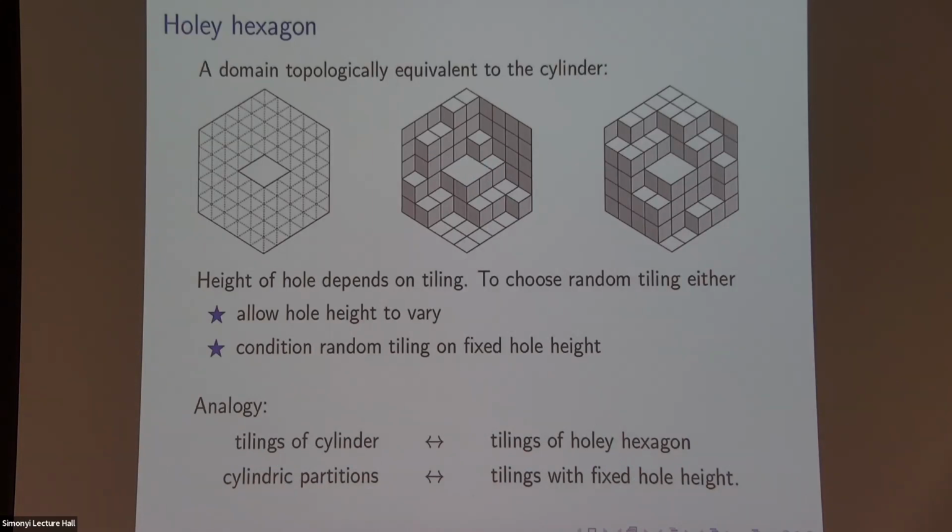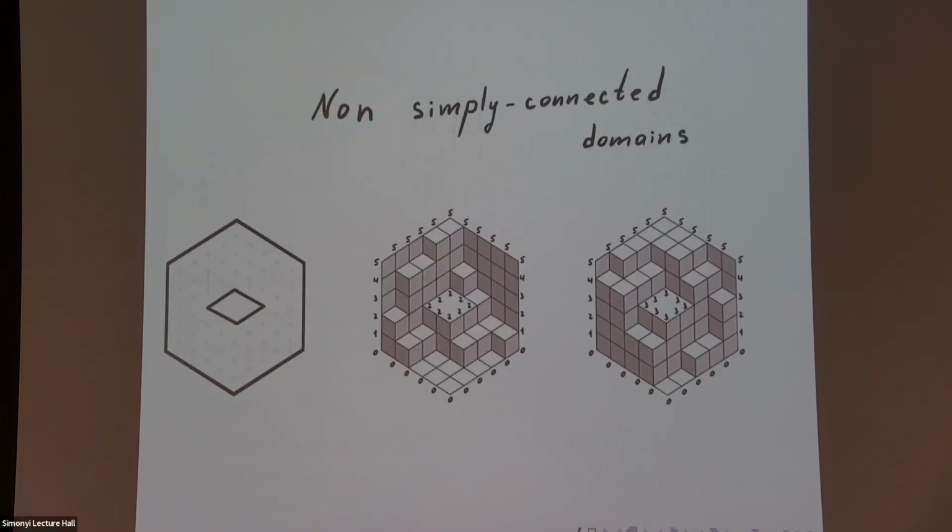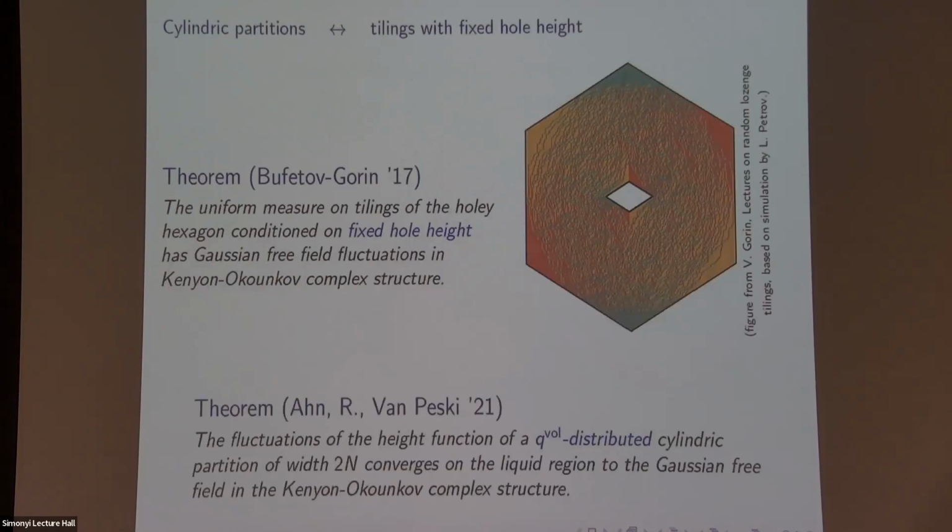Okay. And here is the result, which I already mentioned before, a known result by Bufetov and Gorin. They showed that if you consider the uniform measure on tilings of the hexagon with the hole, and you ask the height function of the hole to be fixed, then the fluctuations converge to the Gaussian free field in Kenyon-Okounkov complex structure.